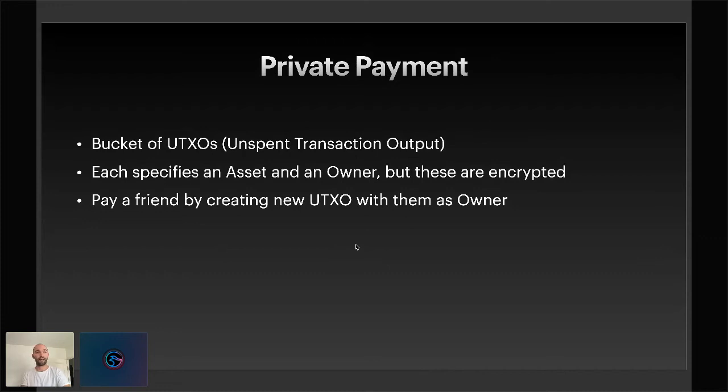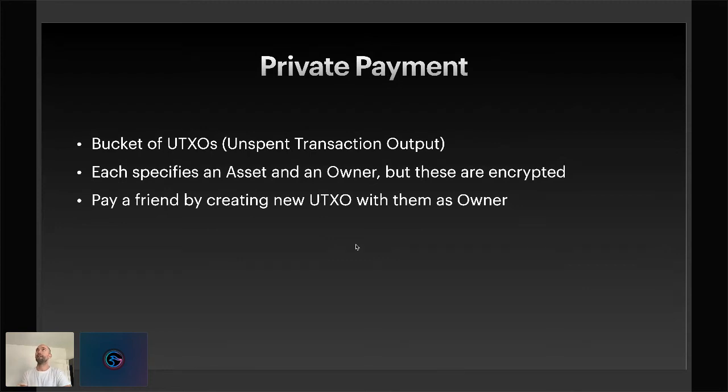Now, by private payment, I mean that we should be able to send tokens using a blockchain, but in such a way that the sender address, the receiver address, the token type, and the token amount are all private, meaning that people looking at the blockchain, at the public ledger, will not be able to determine those 4 sensitive pieces of information just from looking at the transaction that's on chain.